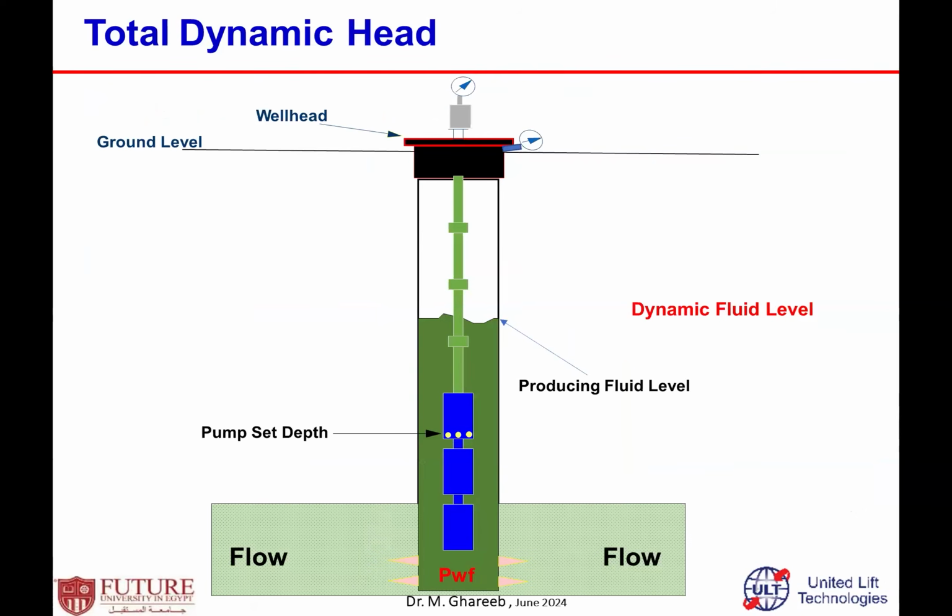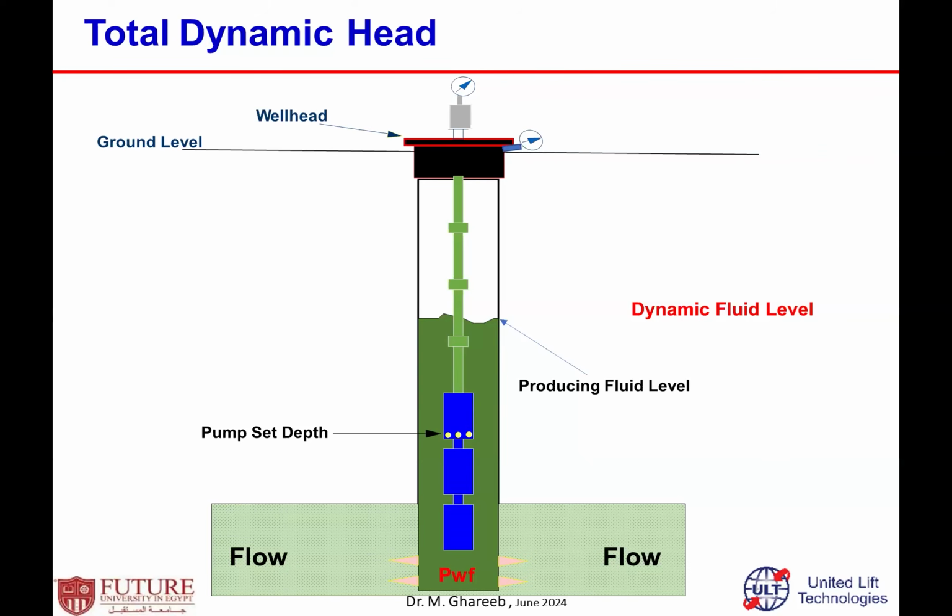How to calculate the total dynamic head? This pump should generate enough head to produce the required flow rates from the bottom to the surface and transfer them from the surface to the inlet of the separators or whatever facility you have.